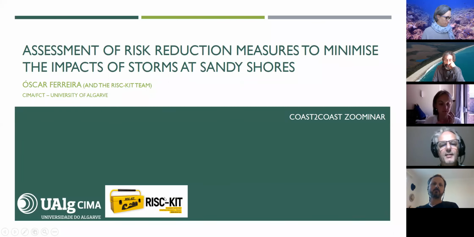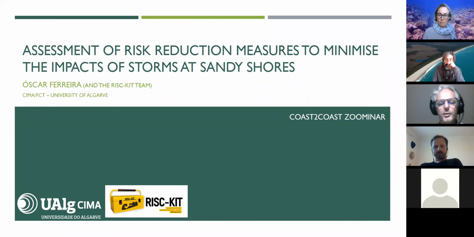RISC-KIT was a European project that already ended 3 years ago, but we are still having results from this project, and more than that, it gave us tools that can be used and applied, and they have been used and applied for minimizing the risk at coastal areas.